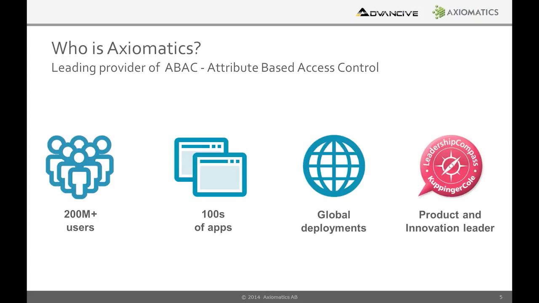First of all, Axiomatics is the leading provider of ABAC solutions and externalized authorization. We deliver fine-grained externalized authorization to large organizations around the world. These organizations use our flagship products, both the Axiomatics Policy Server for APIs and business logic, as well as the Axiomatics Data Access Filter for database protection, for hundreds of apps, thousands of applications, APIs, web services, databases.